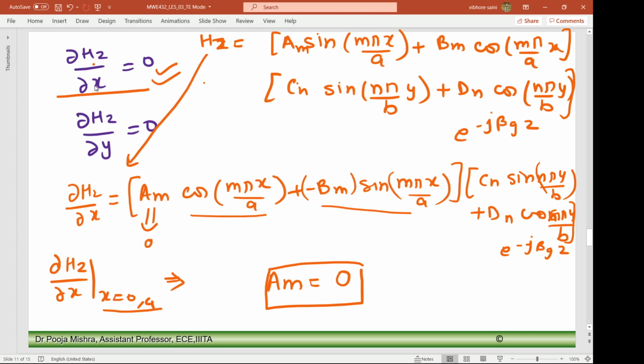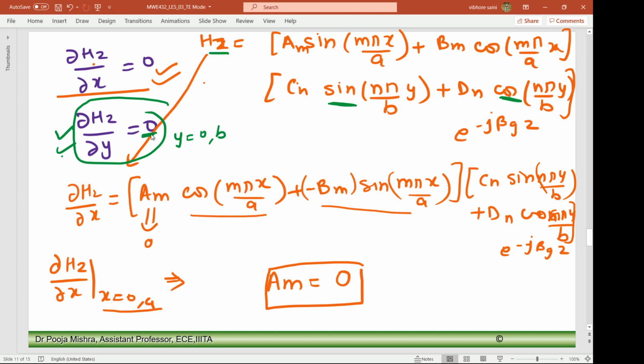Similarly, if we apply this boundary condition, we differentiate Hz with respect to y. Now this term will become a cosine term, this term will become a sine term, and when we apply the boundary condition for y equal to 0 and b, this cosine term will not be 0, while due to this sine term, this whole term will become 0.